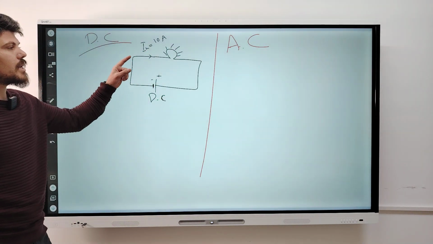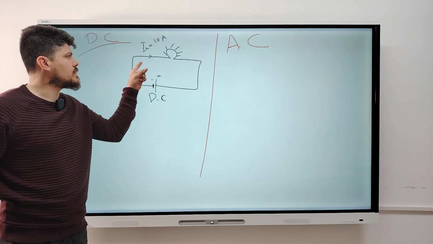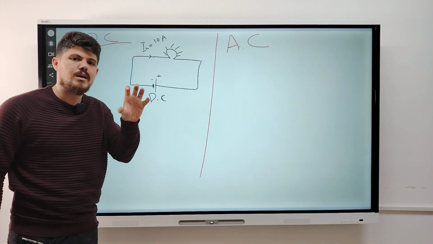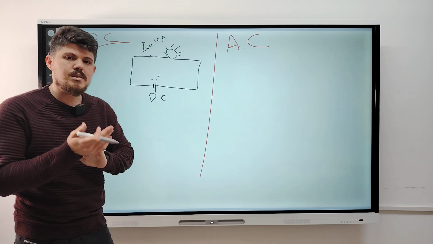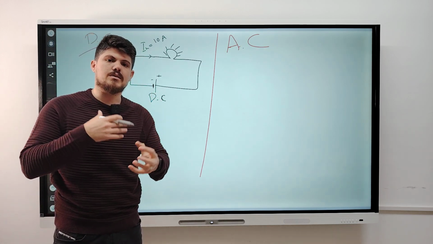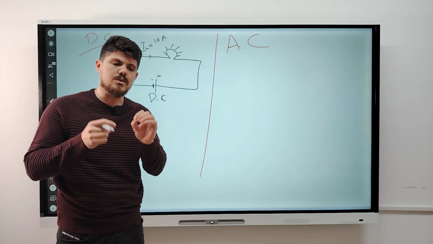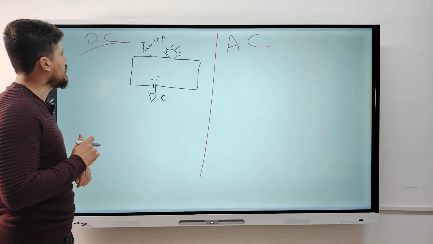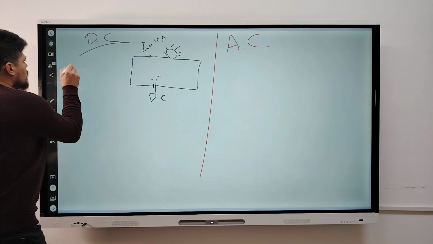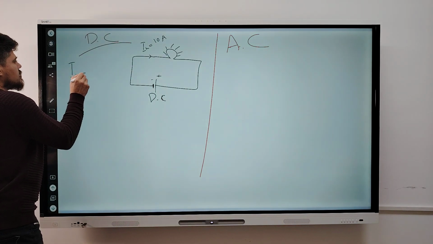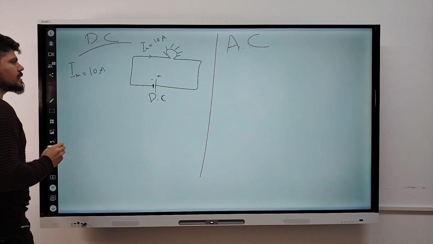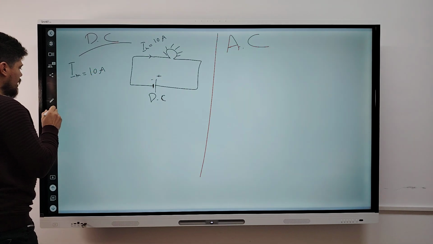What is the magnitude of the current? The maximum value of the current. DC has only the maximum value. The DC current has no effective and instantaneous values. In DC current, we only have the maximum value. Maximum current is equal to 10 ampere.